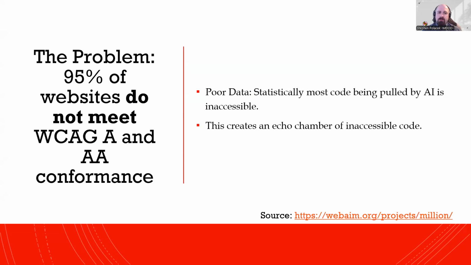It's also a problem in general because that means we're not doing anything or we're missing parts of what we need for accessibility. It means that we're not doing even the base level of making things work with a keyboard or adding alt text to images or giving descriptive links or handling color contrast correctly. And so because it's using this vast amount of data that 95% of it is having some kind of conformance issue, your AI is most likely to use those parts that are wrong.